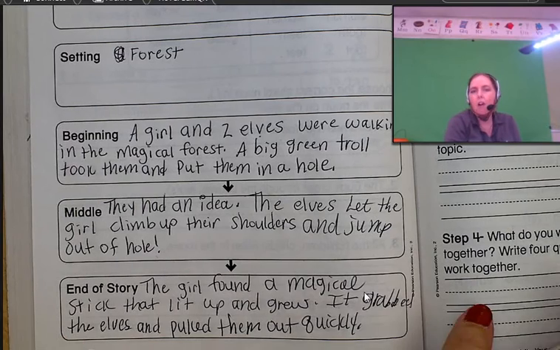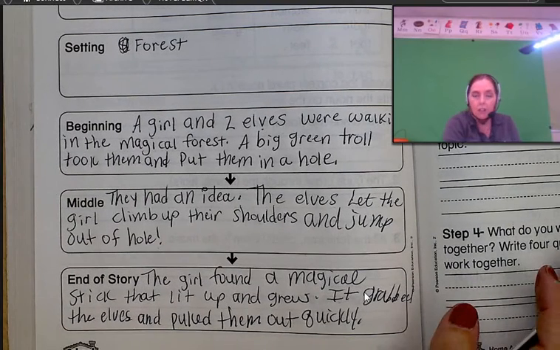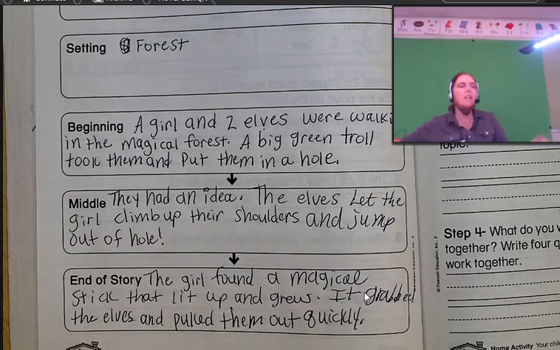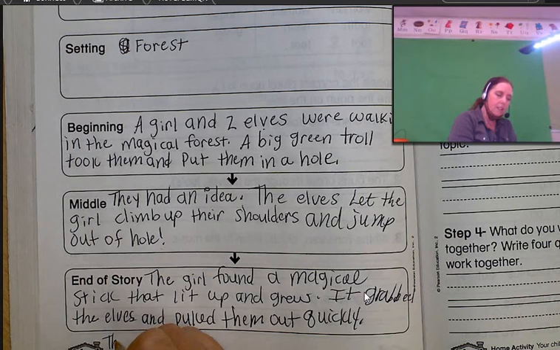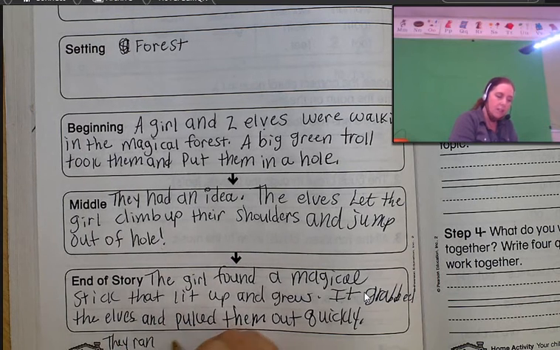Or I could say they ran home as fast as they could and they had a big tea party. They ran home as fast as they could and they made a bunch of cupcakes and celebrated. There's so many ways you can say the end, right? So I'm going to put that they ran home. I might run out of space, but that's okay.